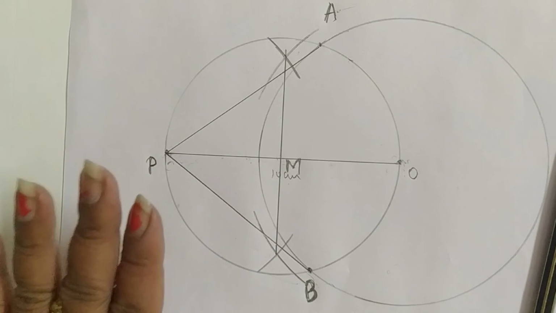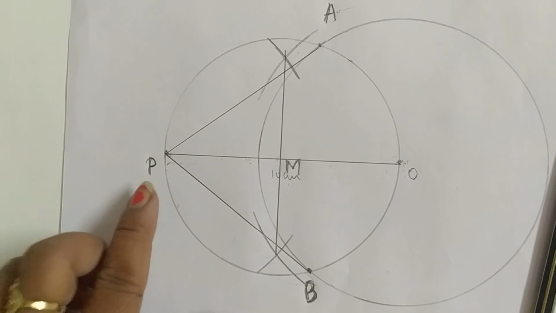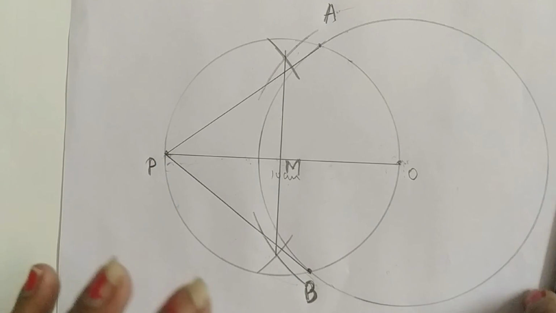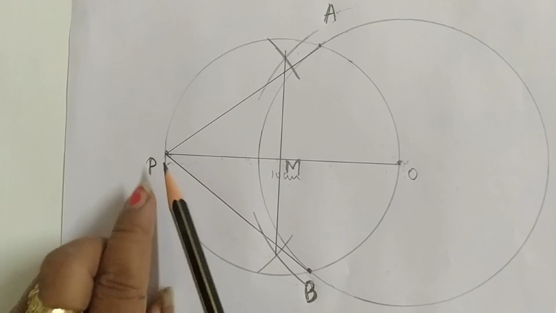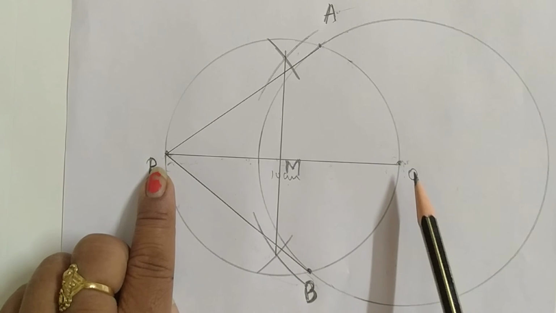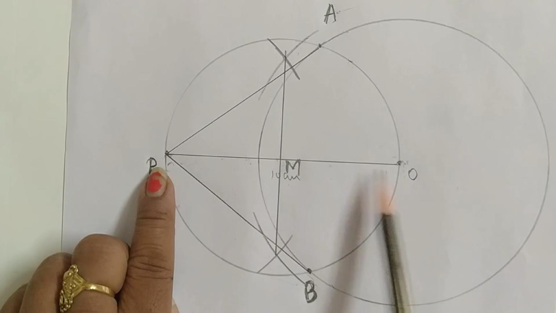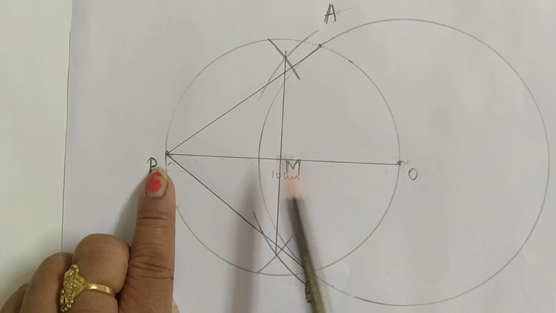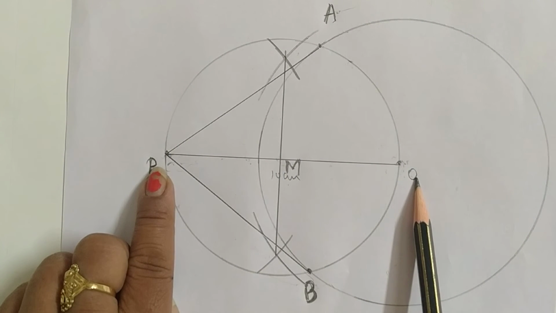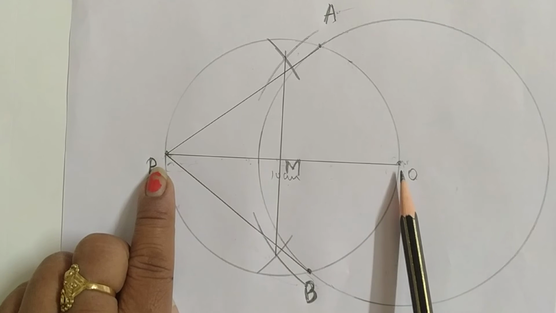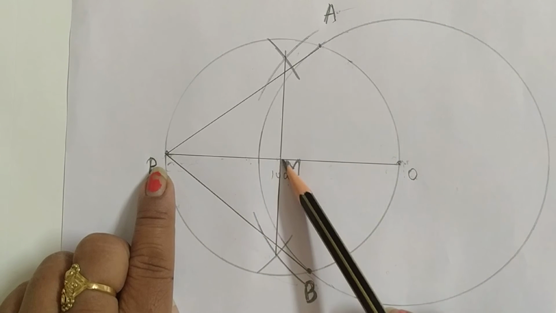If you have to choose any point by yourself, you just choose that. After that, the third step is that you have to join the external point to the center of the circle. Then after joining the external point to the center, you will get a line segment. And the next step is that you have to find out the midpoint.